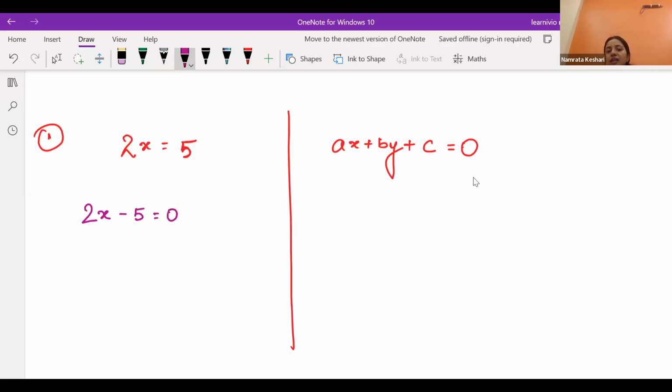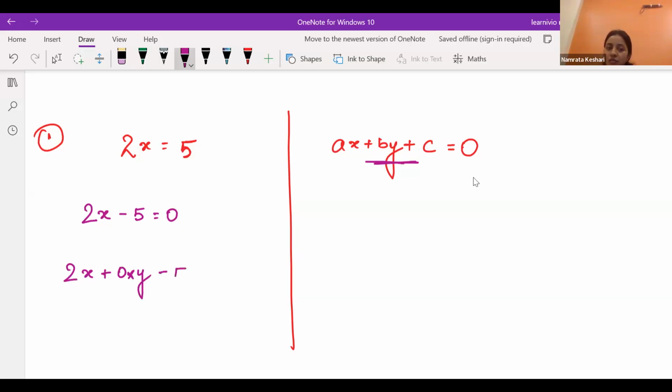But still the y term is not present in our question. So what can we do? We can just add a y term ourselves, that too 0 into y. That way we are not changing the actual question. That is not allowed.